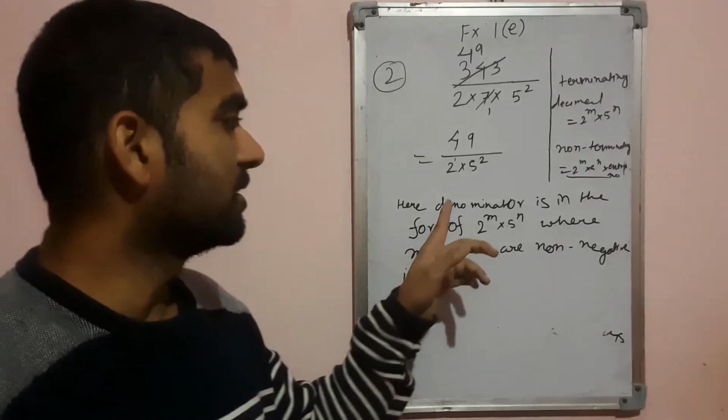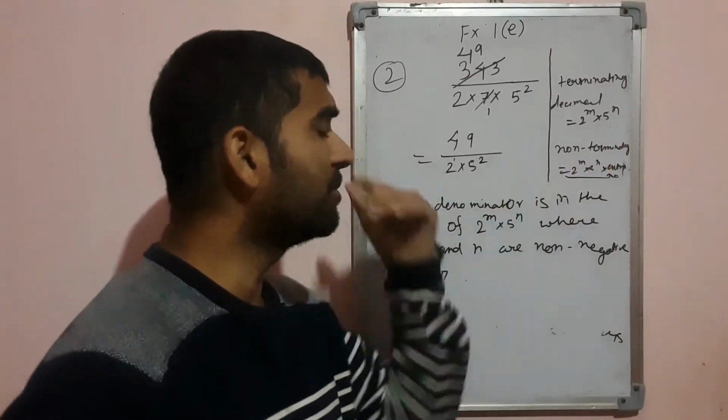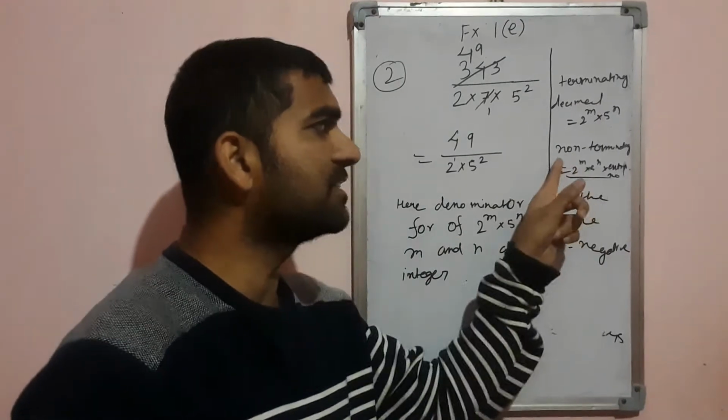So see here, the denominator is becoming this form. So what will be the answer? Terminating. We cannot say that it is non-terminating.